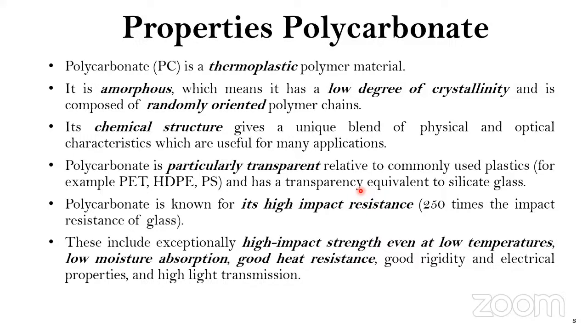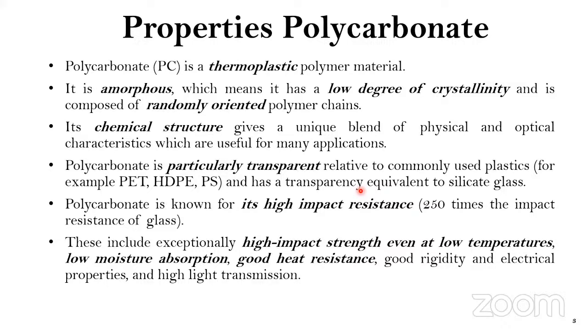You saw the glass, the water you drink in a glass made of silicate, how it is quite transparent, meaning we can see through it. So the transparency of polycarbonate is comparable with this silicate glass.